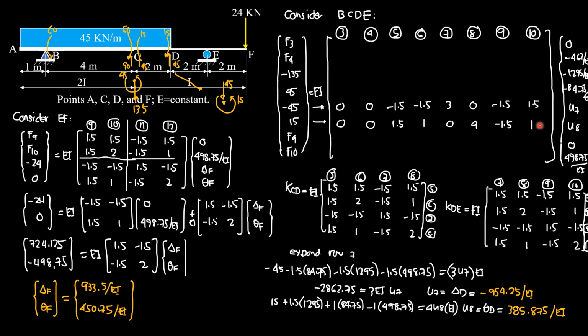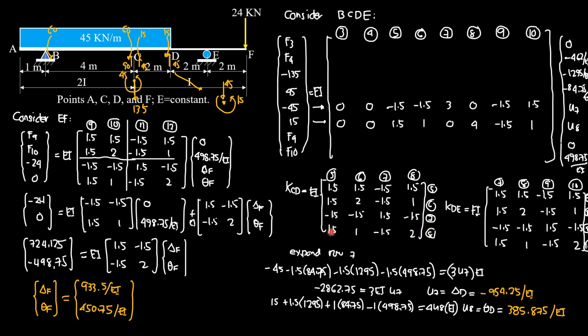Then 7, 10, we have 1.5. Then 8, 3, 0, 8, 4, 0, 8, 5.